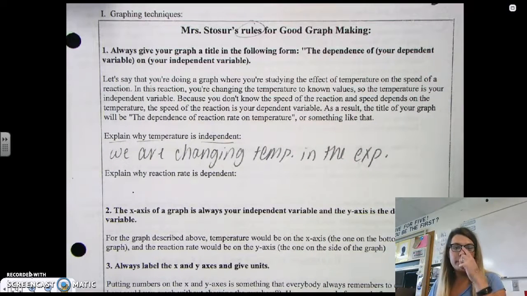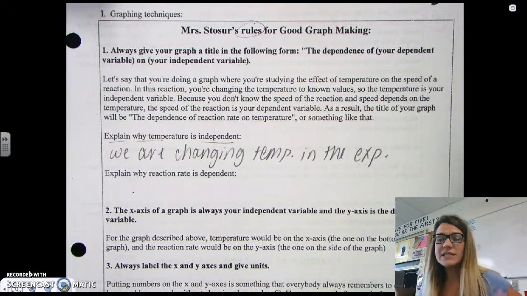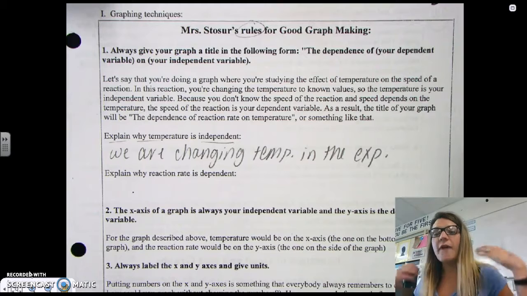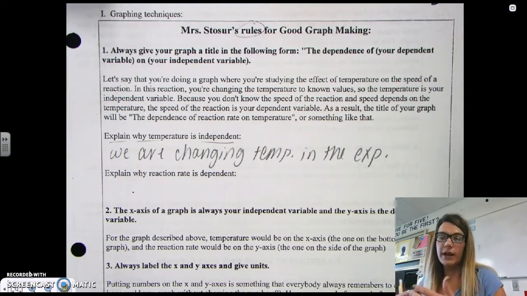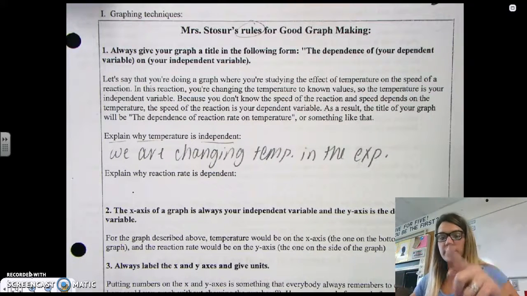If I keep reading, it says, because I don't know the speed of the reaction at the temperature that I set, the reaction rate, or how fast the reaction is moving forward, is based off of the temperature that I give. So the temperature stands alone, where the rate depends on the temperature.